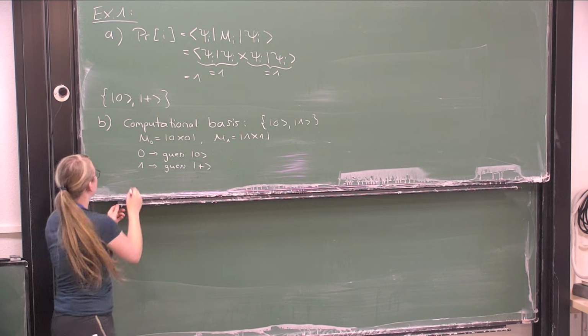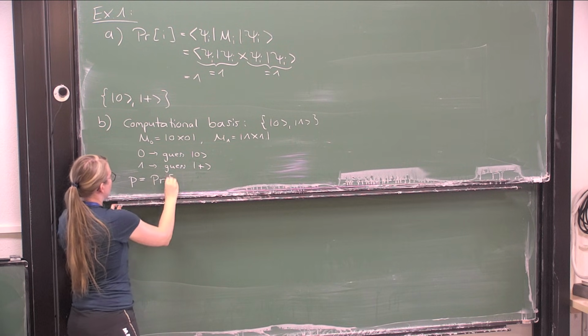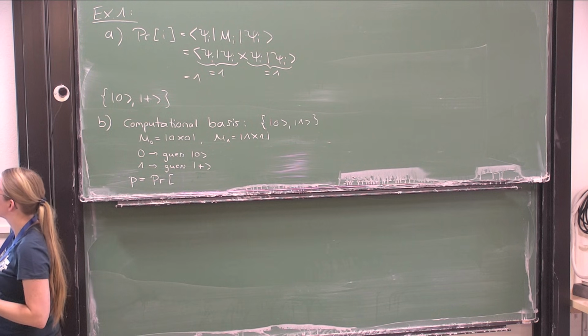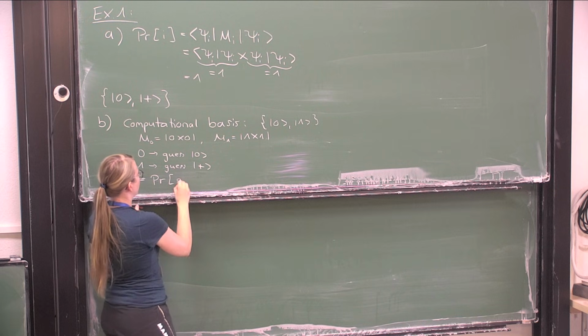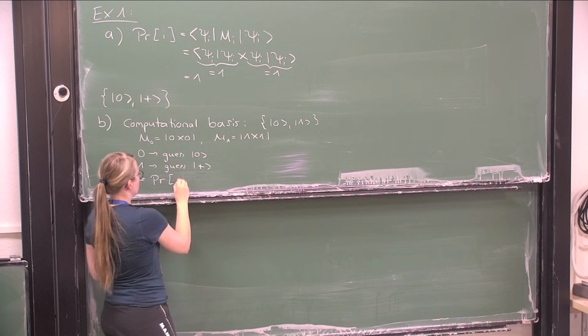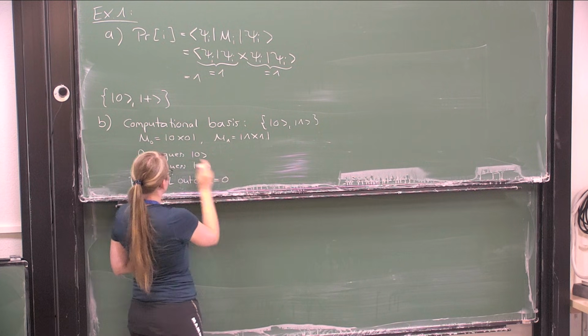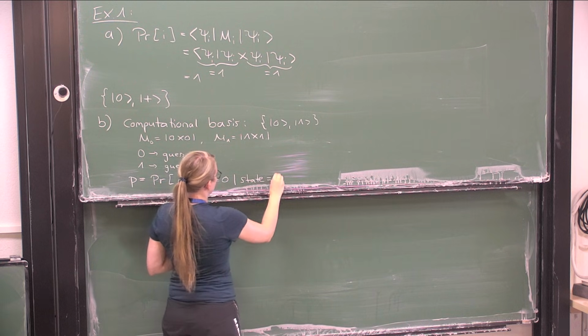So we want to calculate these error probabilities. The probability that we guess 0, but the state was plus. That means the probability that the outcome of my measurement is 0, but the state was actually plus.